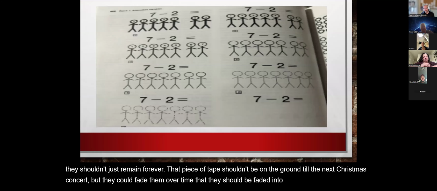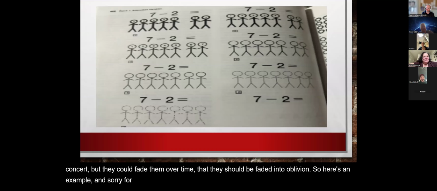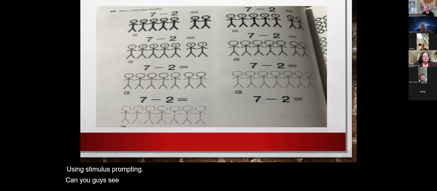So here's an example, and sorry for the pictures, but here's an example of teaching a student subtraction using stimulus prompting. Can you guys see this okay? What did this author do in this book to teach the student using stimulus prompting?